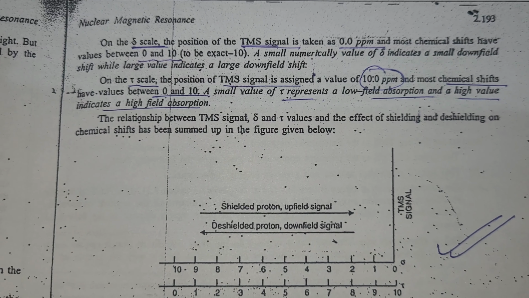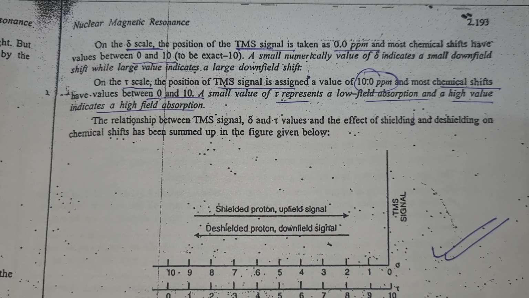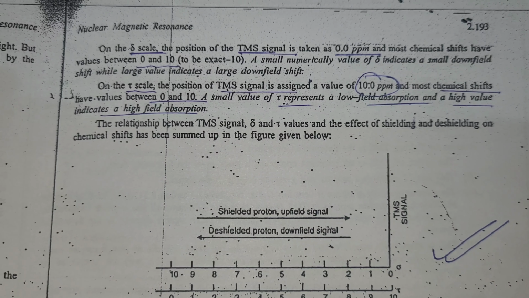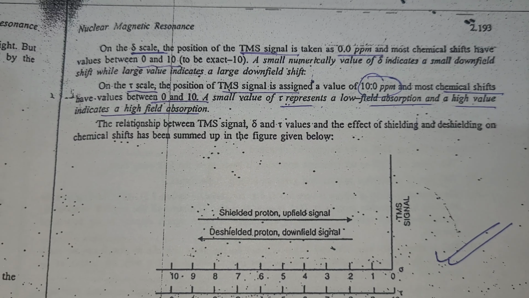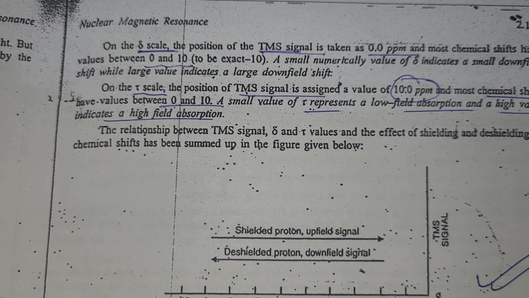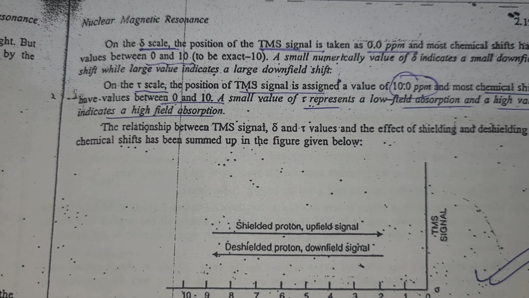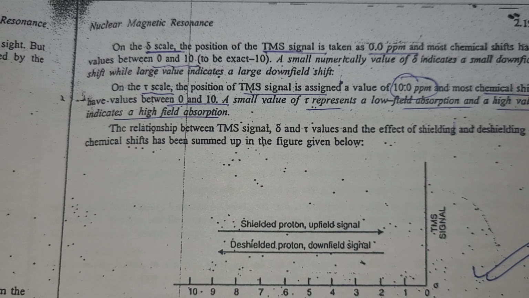On the chemical shift scale, the position of the TMS signal is 0 ppm and chemical shifts exist between 0 and 10. A small numerical value of chemical shift indicates a small downfield shift and a large value indicates a large downfield shift. On the tau scale, the position of TMS is 10 and most chemical shifts have values between 0 and 10. A small value of tau represents a low field absorption and a high value indicates a high field absorption.